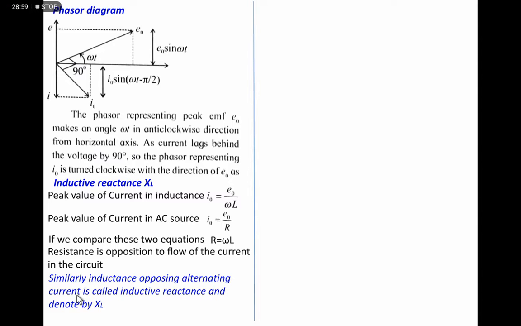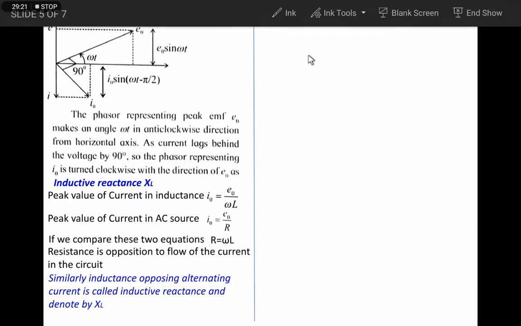Reactance means opposition to the flow of the current, and it happens in the inductive circuit, hence it is inductive reactance. Opposition to the alternating current is called the inductive reactance, and it is denoted by XL.